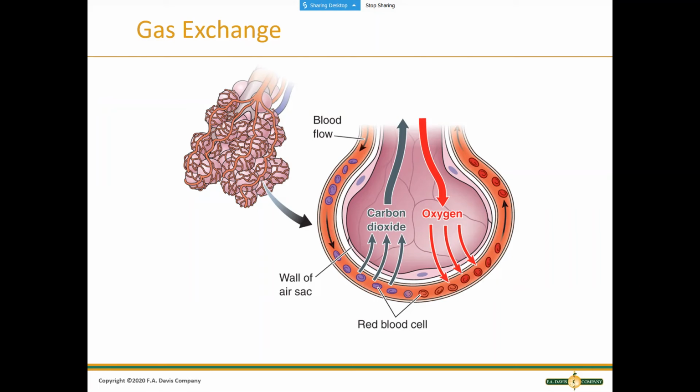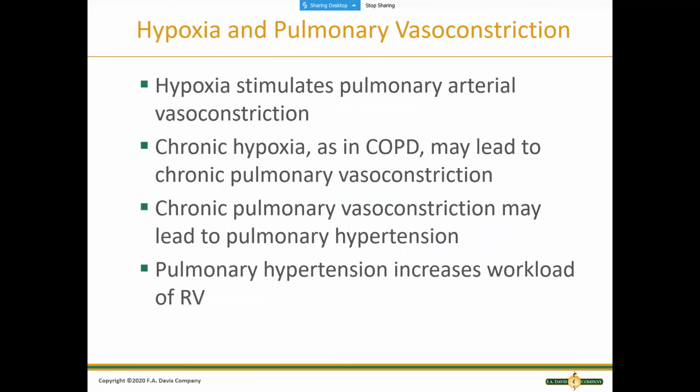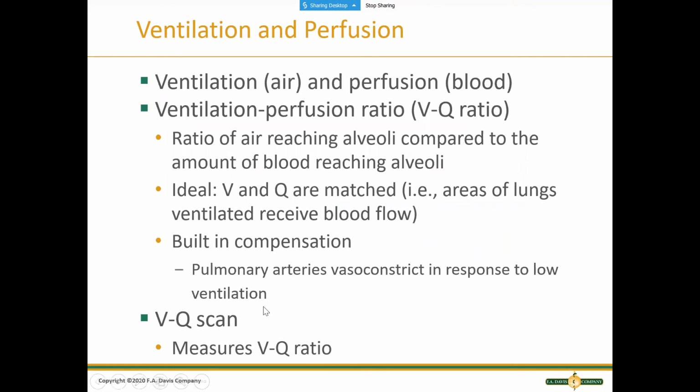Now we have a perfusion problem, a Q problem. Most common reason we would do what's called a VQ scan, I'm going to skip back to that slide. A VQ scan would be to look for a blood clot in the lungs, which is called a pulmonary embolus.